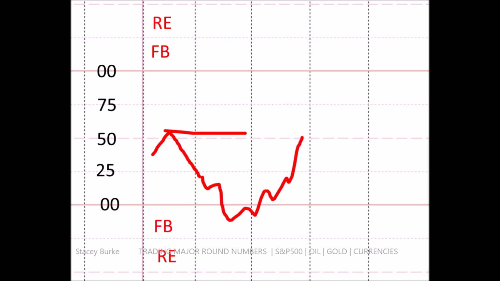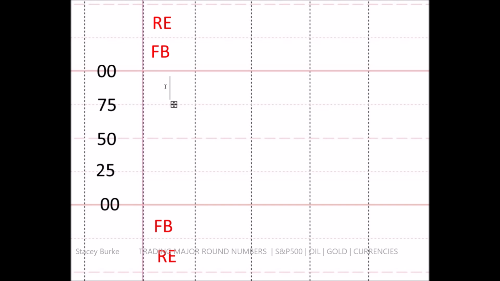So the other scenario that I talked about was understanding that if you were in the upper part of the 100 pip box, $1 box, that is a selling area. If you're down in the lower part of the box, that is a buying area.